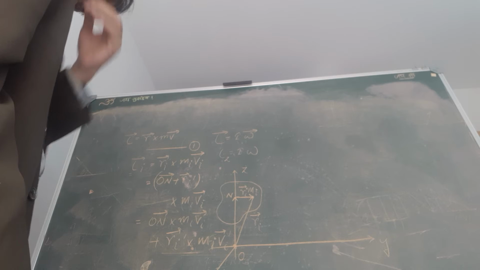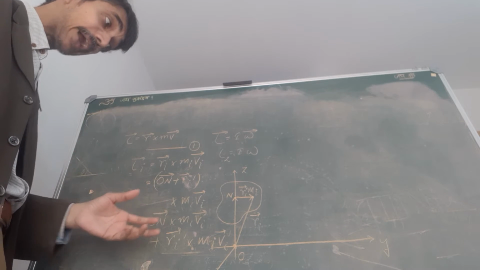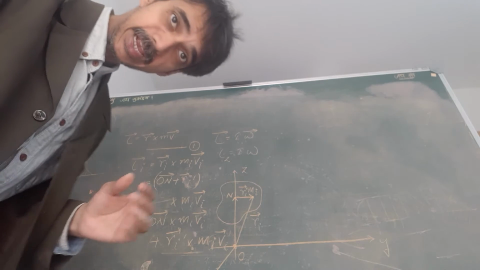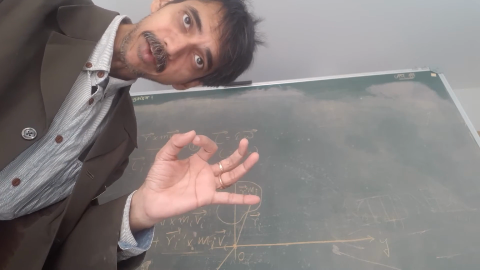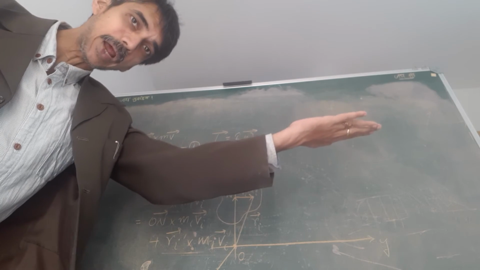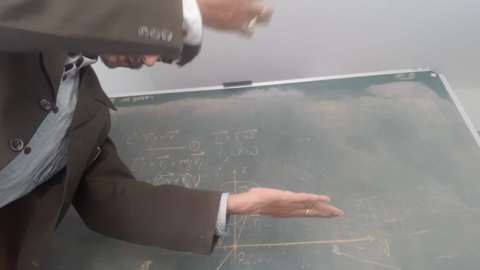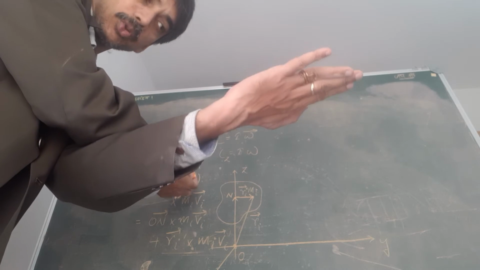Now see for yourself, if next we are to find the direction of r_i prime cross v_i, r_i prime cross v_i. In which direction is r_i prime? As seen, r_i prime is this vector towards us, and v_i, as in the previous case, is directed into the board.